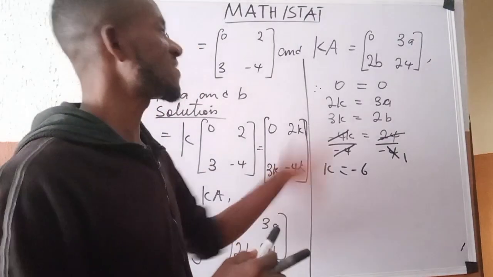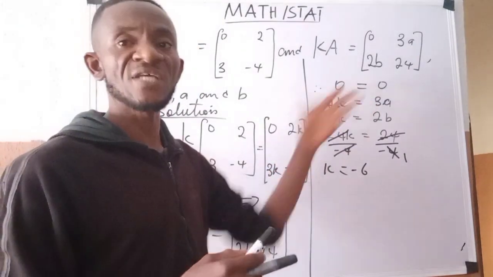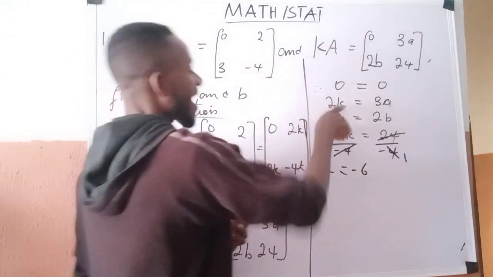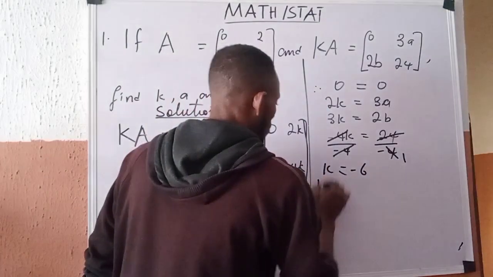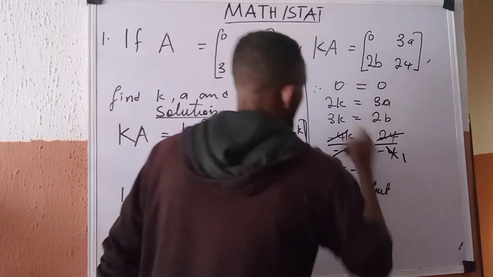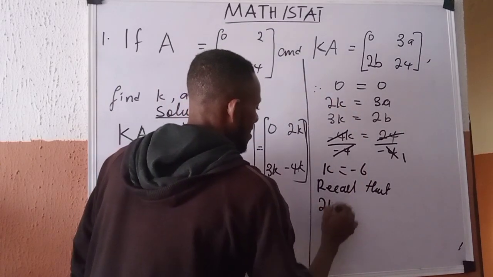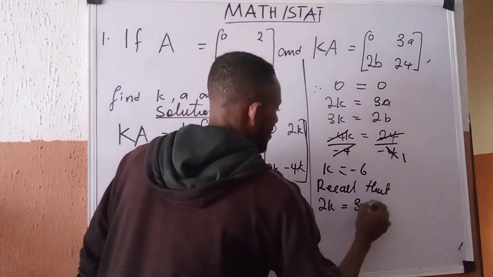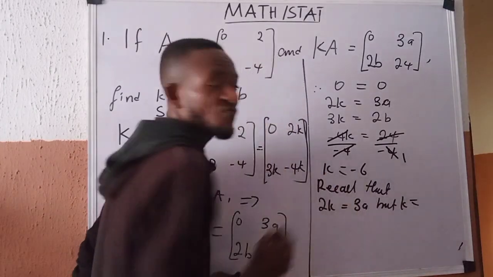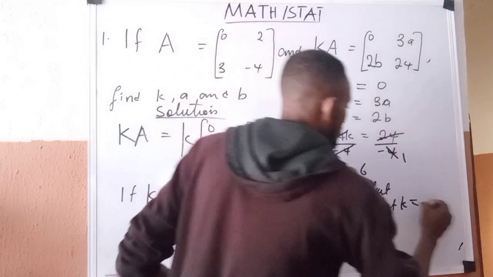So I have known that my k is minus 6. Because k is minus 6, I can easily come back to any of these equations and begin to substitute the value. Now, I earlier had that 2k is equal to 3a. But my k has been found to be minus 6.